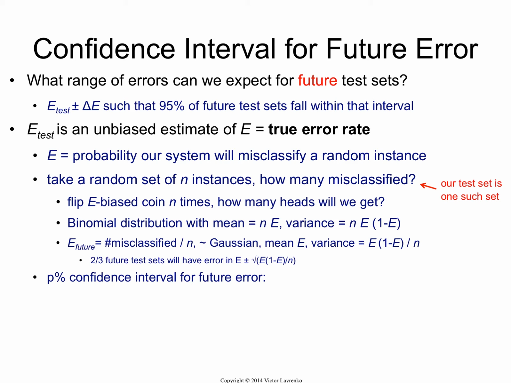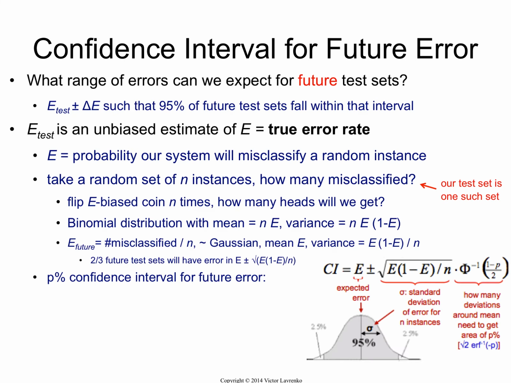So the expected future error rate is just the true error rate, E. And the variance is going to be E(1 minus E) divided by n. Right? Why is it divided by n? Remember, here the variance was nE(1 minus E), and we're transforming the variable, we're dividing it by n, and the variance you divide by the square of the constant. So it's going to be E(1 minus E) over n.